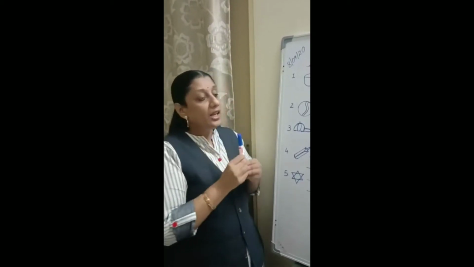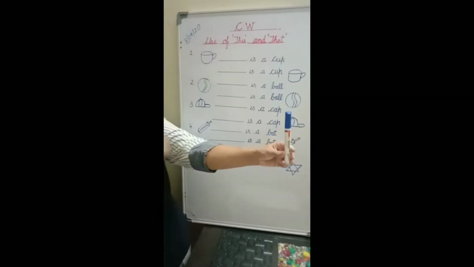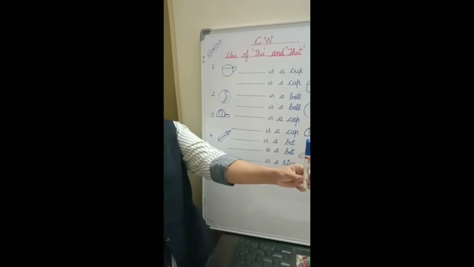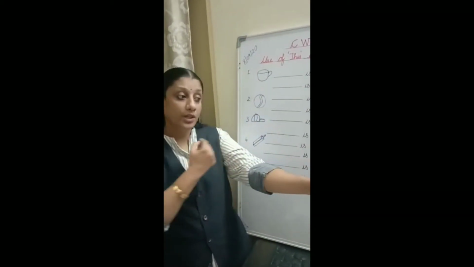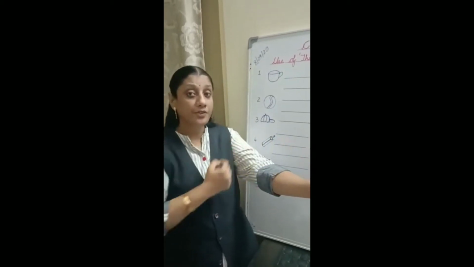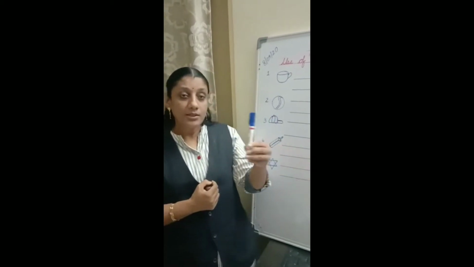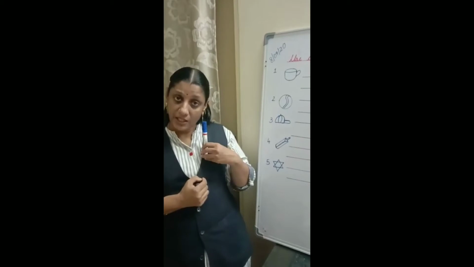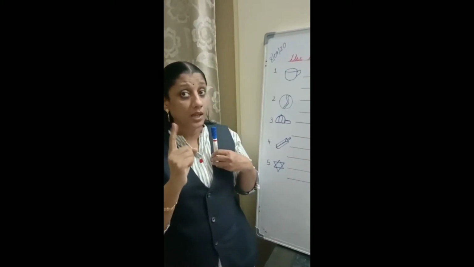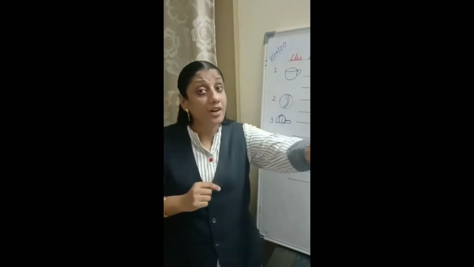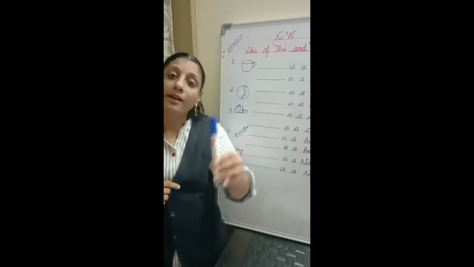Okay? The object that is near to ma'am and very close, we are going to use this. And if some object is very far away from ma'am, what are we going to use for that? We are going to use that, because the object is far away from us. Same way, when the object is near to us, we use this. Remember that clearly. And when the object is very far away from us, we use that.